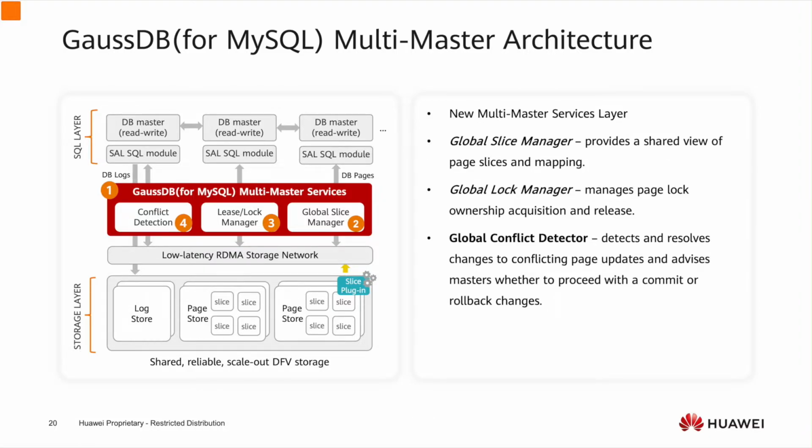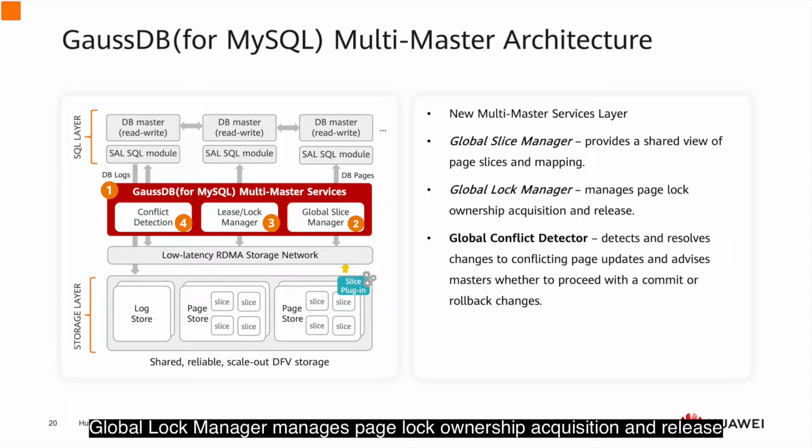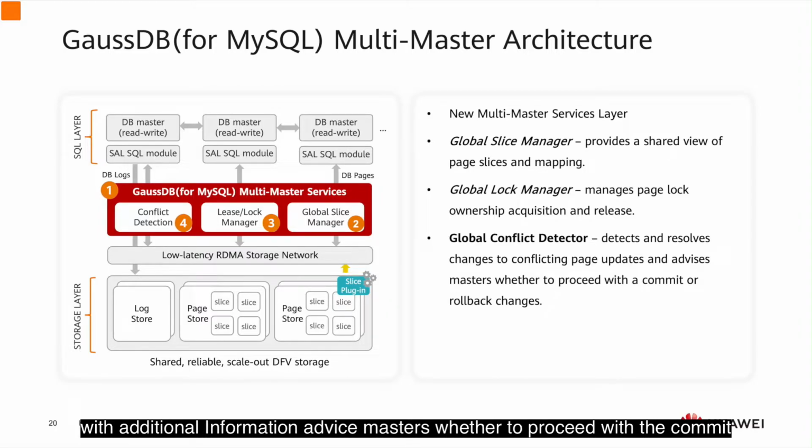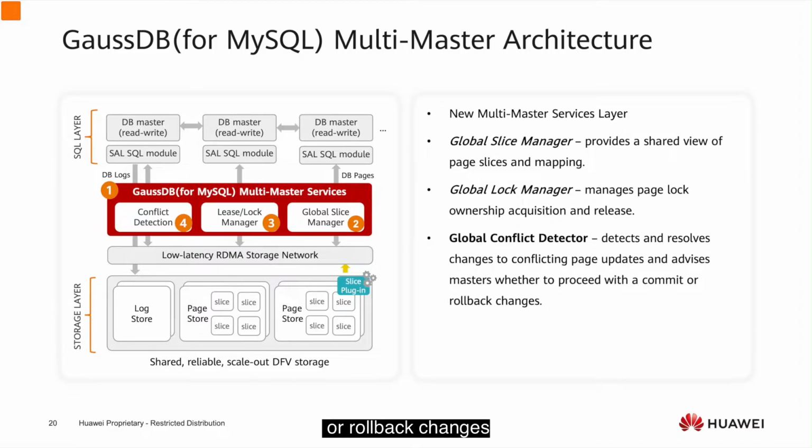Second, Global Lock Manager manages page lock ownership acquisition and release. And also the Global Conflict Detector. It detects and resolves conflicting page updates. With additional information, it advises the master whether to proceed with the commit or roll back changes.